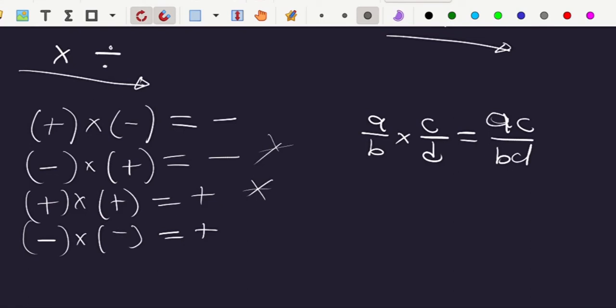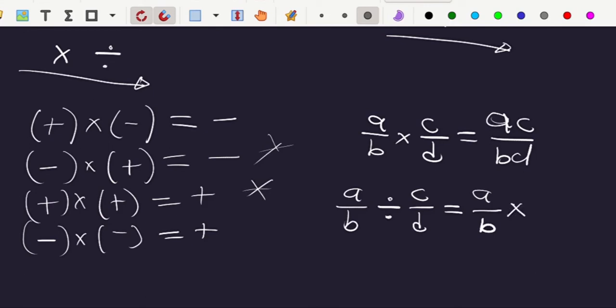Now let's do a division example: a over b divided by c over d. The trick you need to know is that if you're dividing by a fraction, you can change the division sign into a multiplication sign and then invert the second fraction.